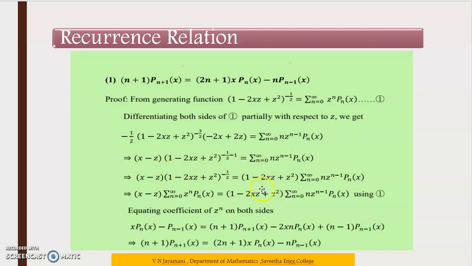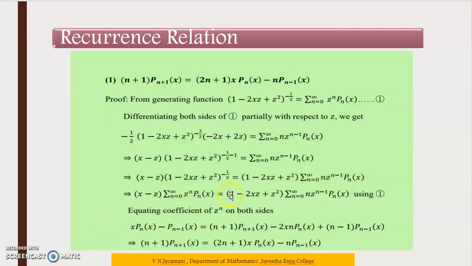So now we have to multiply both the sides by (1 - 2xz + z²). So we get (x - z)(1 - 2xz + z²)^(-1/2), that -1 will cancel, equal to (1 - 2xz + z²) into summation n = 0 to infinity n z^(n-1) Pn(x).